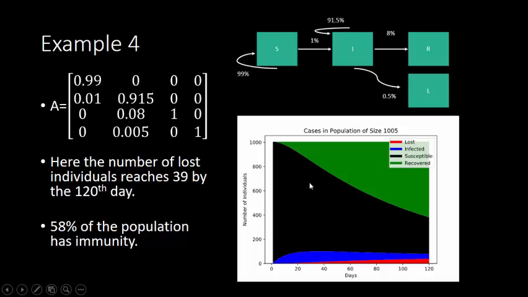In the graph, as I have in this bottom right-hand corner, after 120 days, the number of lost insects reaches 39 individual insects. The number of recovered insects you see grows over time, so that on the 120th day, 58% of the population has immunity.